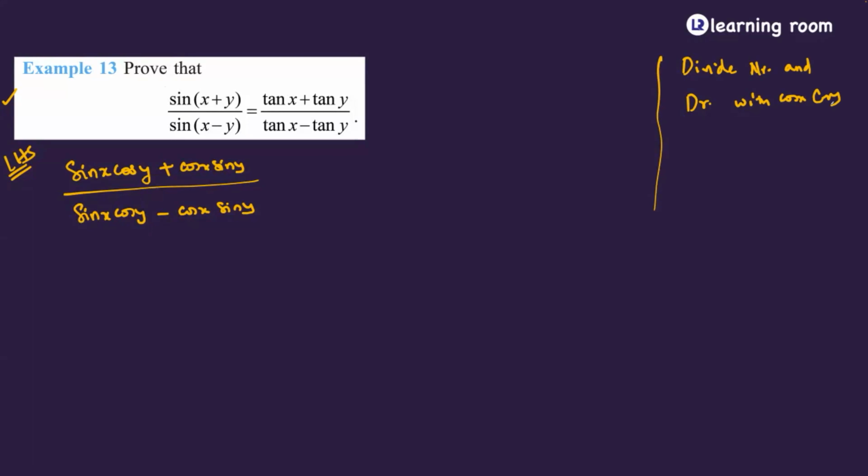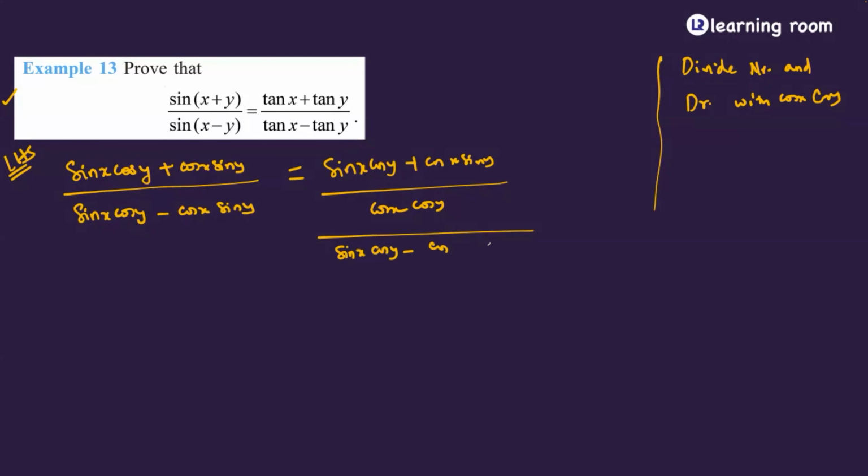When you do it here, observe, you will have sin x cos y plus cos x sin y, the whole divided by cos x cos y, and this whole thing divided by sin x cos y minus cos x sin y, the whole divided by cos x cos y.